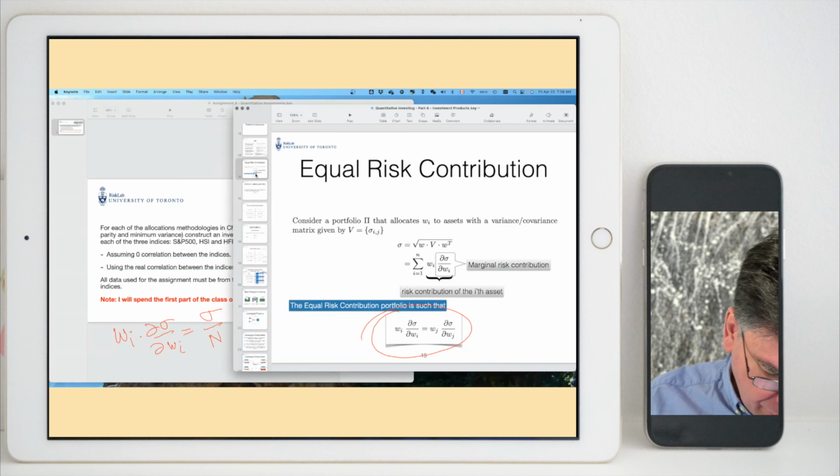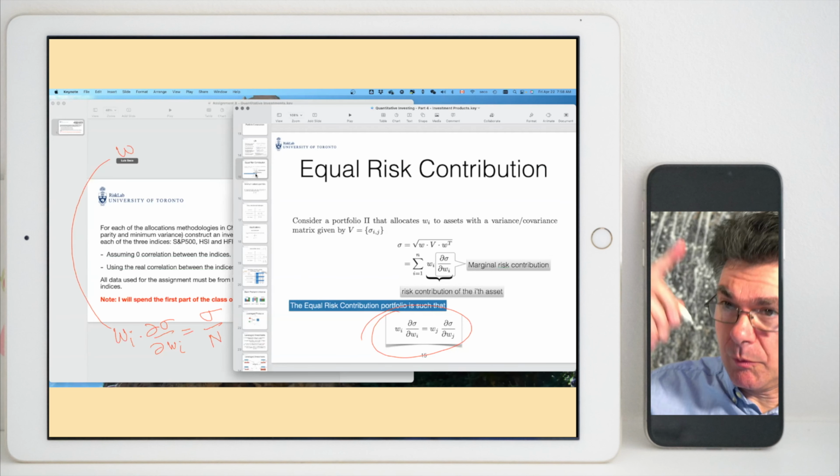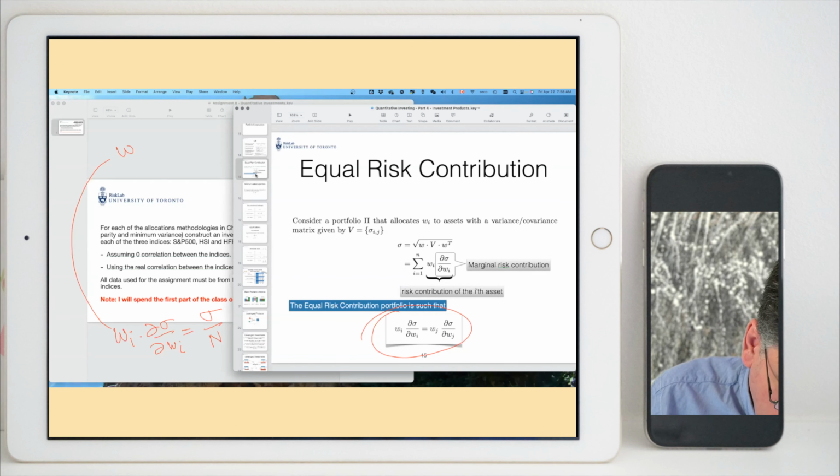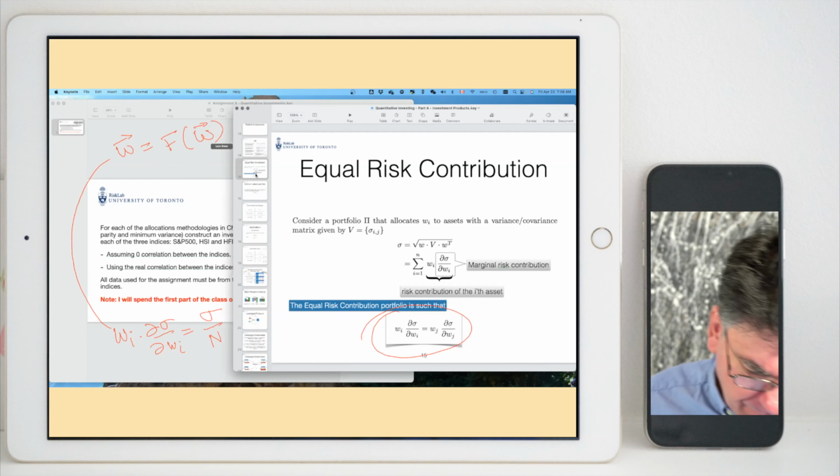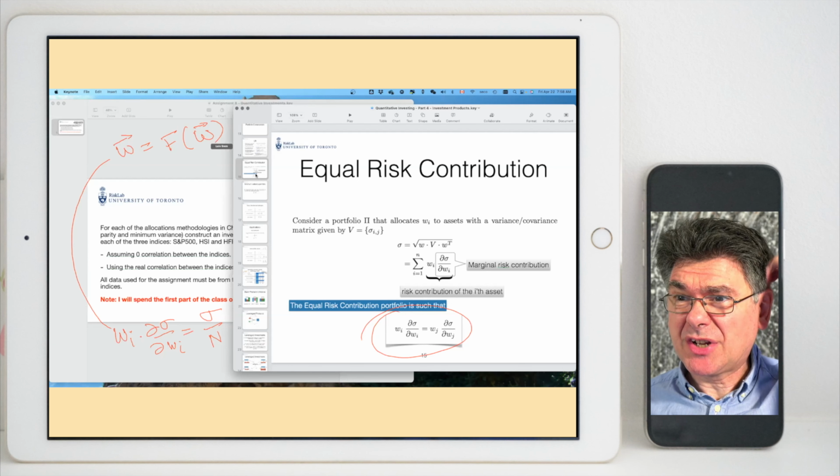We're going to be rewriting them conveniently as the vector W, the weights, all three weights, has to be equal to a certain function f of the vector W. And what's that function f?